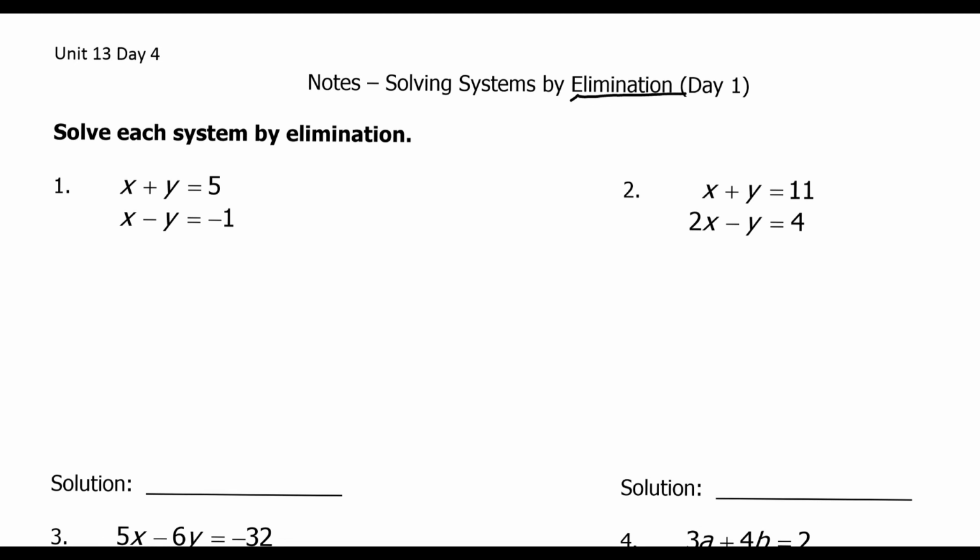Now, as y'all probably guessed, we are going to eliminate something. In order to eliminate something, we have to have what's called a zero pair. These zero pairs occur when we have two equal and opposite coefficients for a variable.